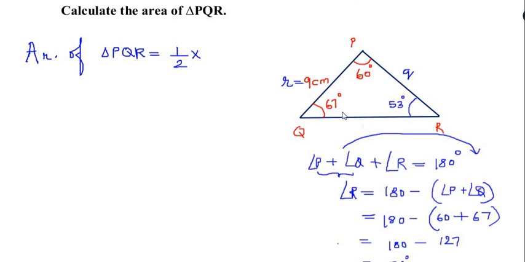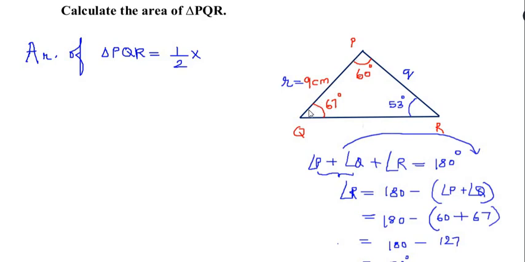Now the next thing is, should we use the sine rule or the cosine rule? For the cosine rule, there are two conditions. Either all three sides of the triangle need to be given. Here all three sides are not given, so the first condition fails. The second condition says that two sides and an included angle need to be given.